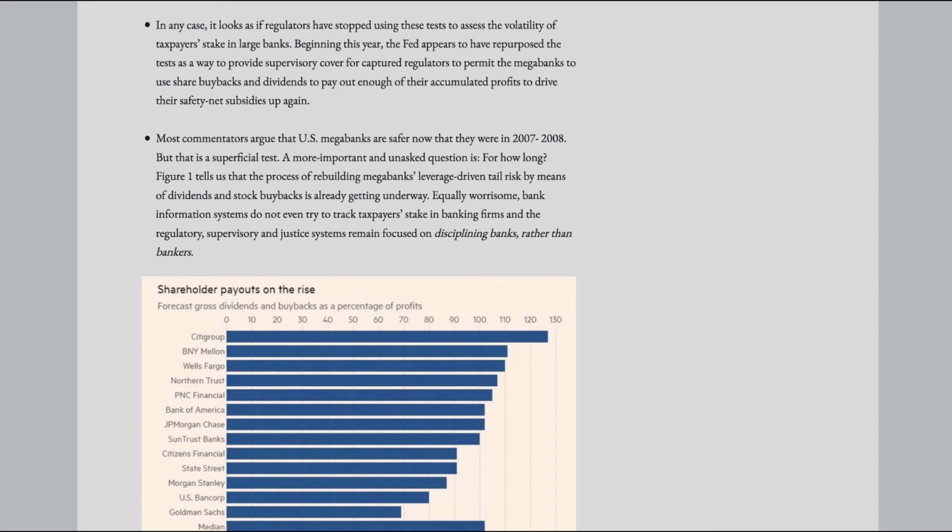Beginning this year, the Fed appears to have repurposed the tests as a way to provide supervisory cover for captured regulators to permit the megabanks to use share buybacks and dividends to pay out enough of their accumulated profits to drive their safety net subsidies up again.